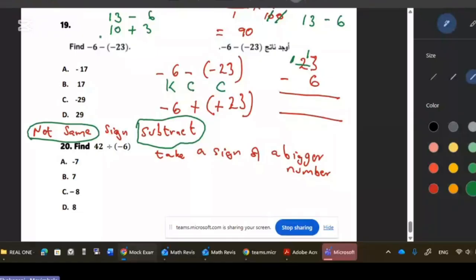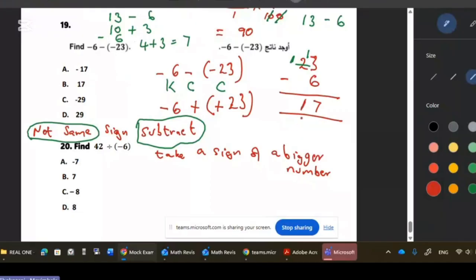Now I subtract 6 from 10: 10 minus 6 is 4. Plus 3, what do we get? 7. So your answer is 7. There is a 1 here and nothing to subtract from it, so you just bring down the 1.